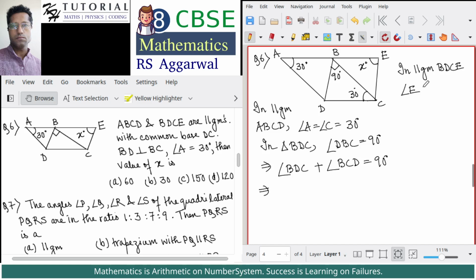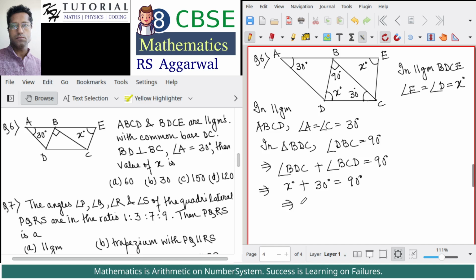Angle E and angle D are opposite angles, so they both must be equal to x degree. So angle BDC will also be x. So we have x degree plus angle BCD. Angle BCD is given to be 30 degree, and the sum is equal to 90 degree.